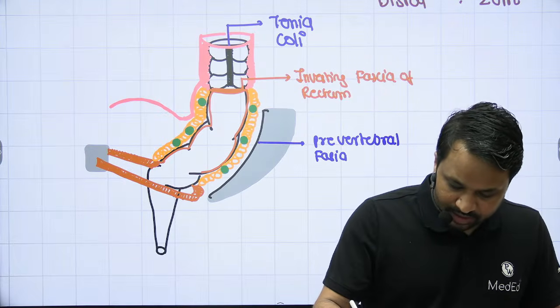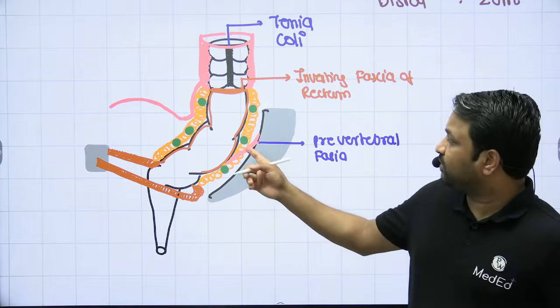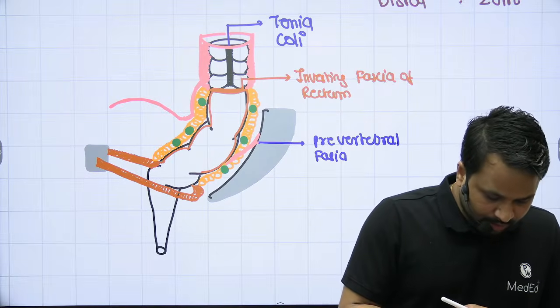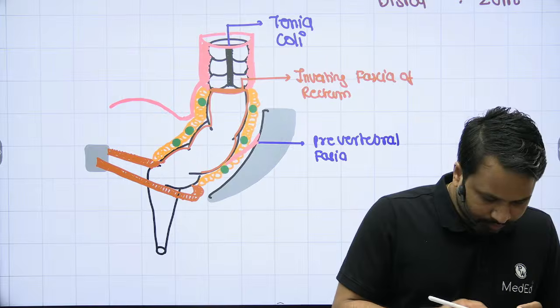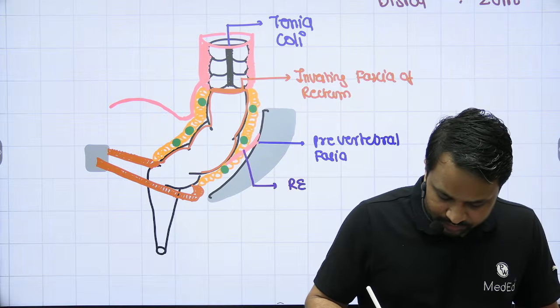Now there is a fascia that is connecting the prevertebral fascia and the investing fascia of the rectum. That is the prevertebral fascia connecting to the investing fascia of the rectum, and this is what we call the Waldeyer's fascia, also called the rectosacral fascia.